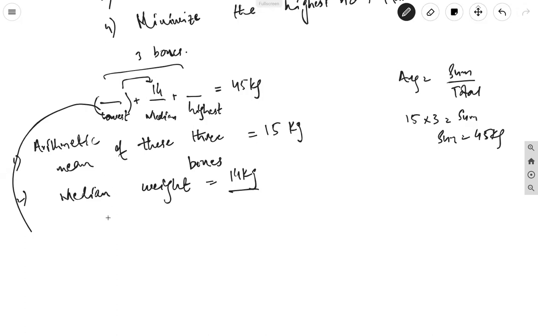So if we want to maximize our lowest weight, it will be 14, and this one is 14. In this case, we can find the highest weight. For example, this is X. The total is 45, so 28 plus X is equal to 45.